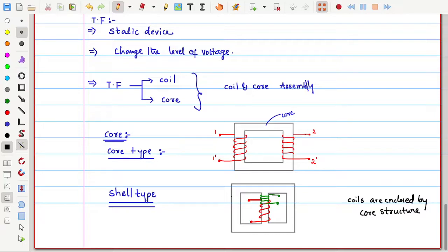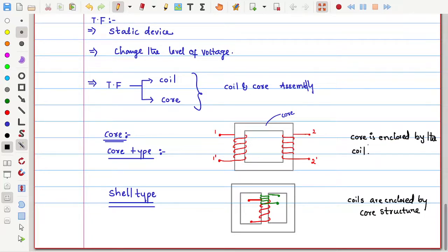Another is core type, in which the coil is external and the core is inside, or you can say the core is enclosed by the coil.